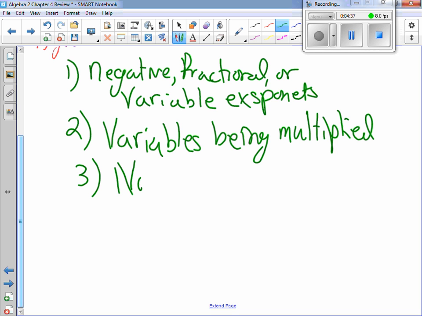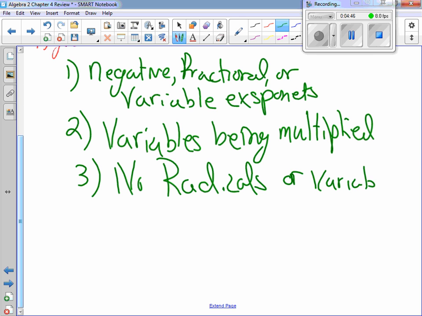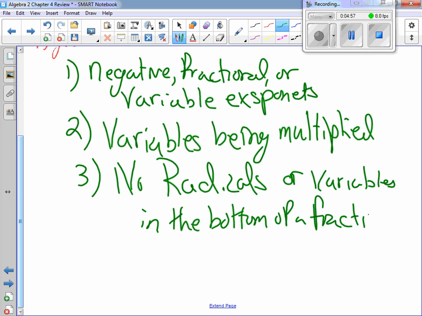We cannot have radicals or variables in the bottom of a fraction. So no variables being multiplied, no radicals, so no square roots, cube roots.